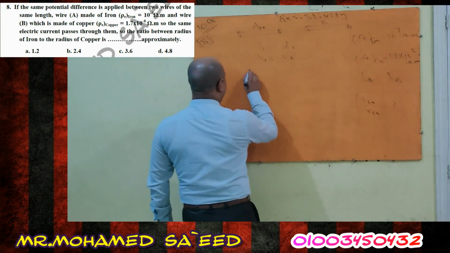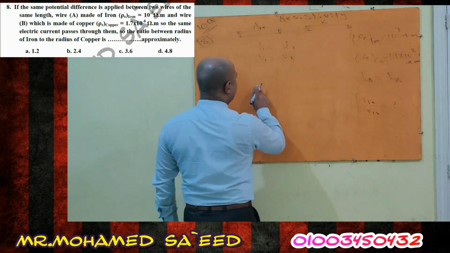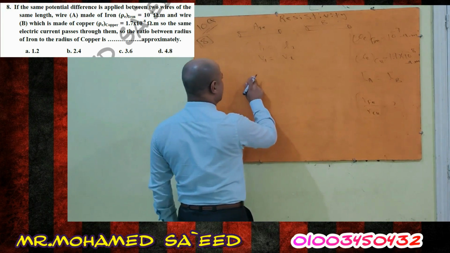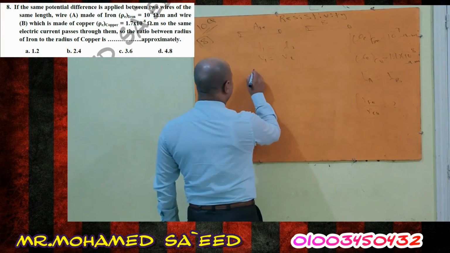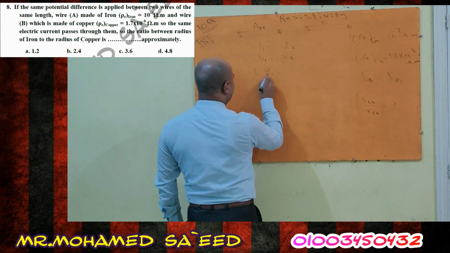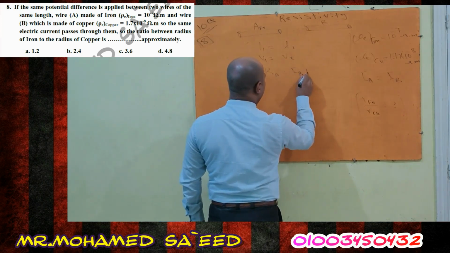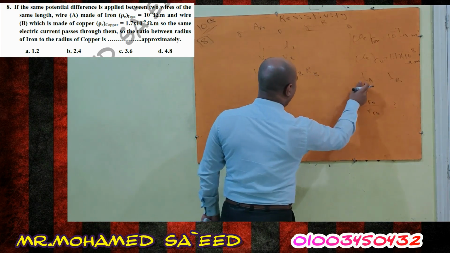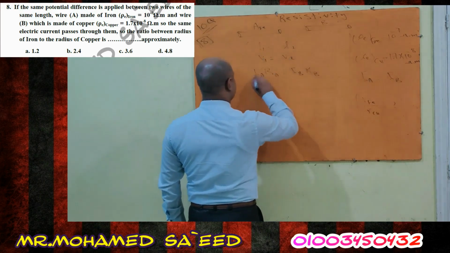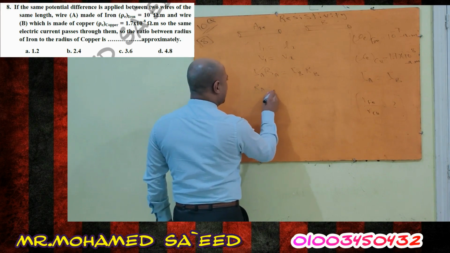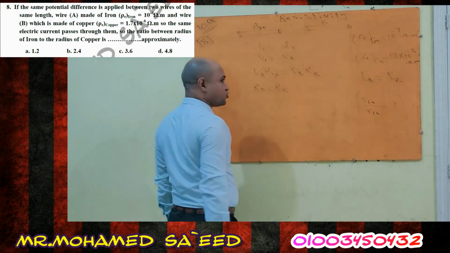From Ohm's law, potential difference equals I R. IA RA equals IB RB, and IA equals IB, so we can cancel. So RA equals RB, right?